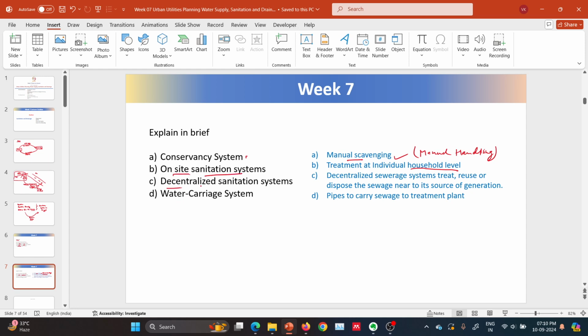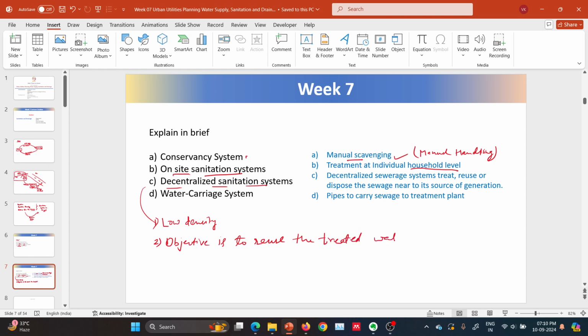And decentralized sanitation systems are provided for low density areas. One thing is that. Second thing, if we want to reuse the water, our objective is to reuse the treated water.